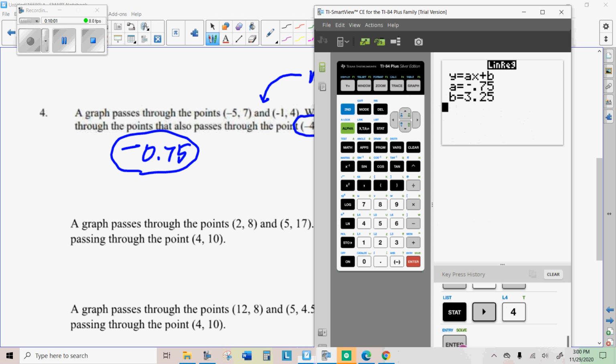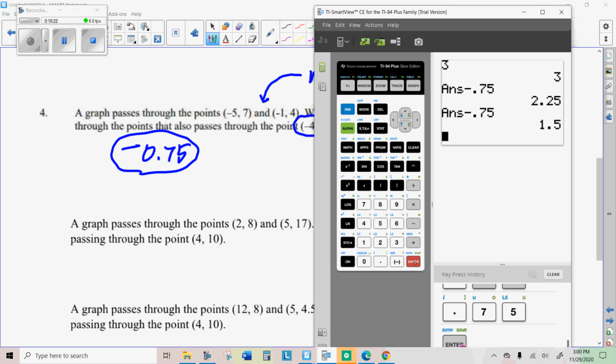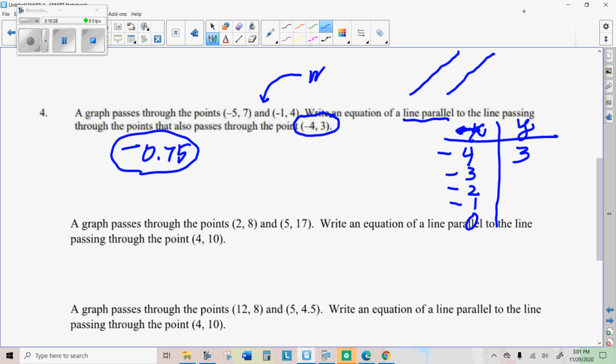So I'm going to do 3 minus 0.75. So I'm going to 2.25, 1.5, 0.75, and 0. That was 4 times.